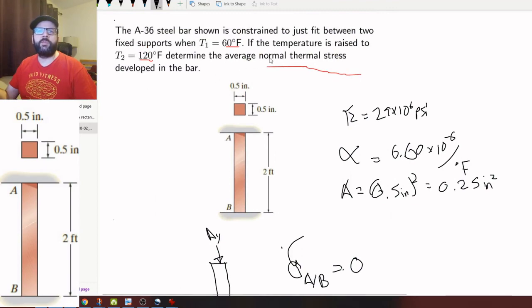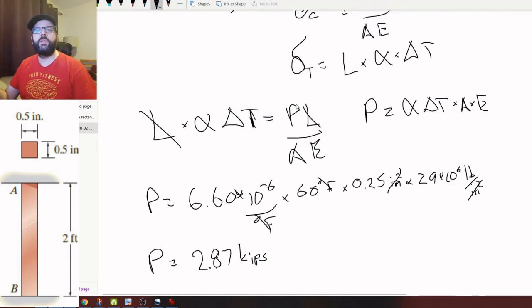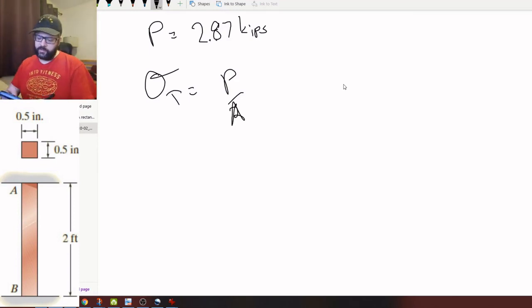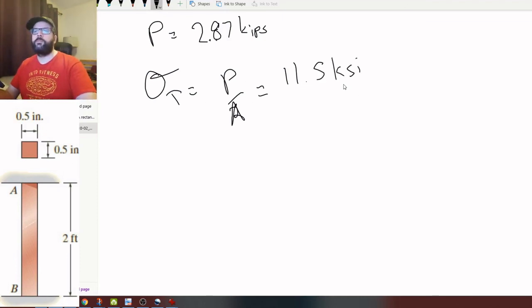So what they actually asked for was the average thermal stress. That's going to be P over A, so that divided by 0.25 inches squared gives us 11.5 KSI.